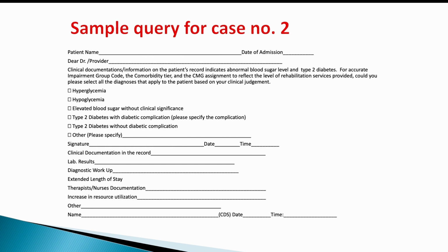Hyperglycemia. Hypoglycemia. Elevated blood sugar without clinical significance. Type 2 diabetes with diabetic complication, please specify the complication. Type 2 diabetes without diabetic complication. Other, please specify, so the provider can respond with his answer if not in the choices.